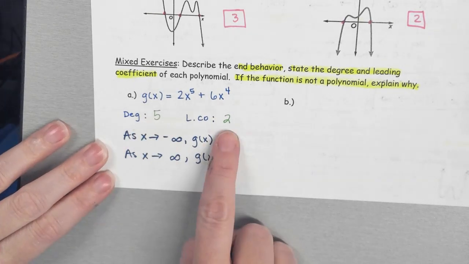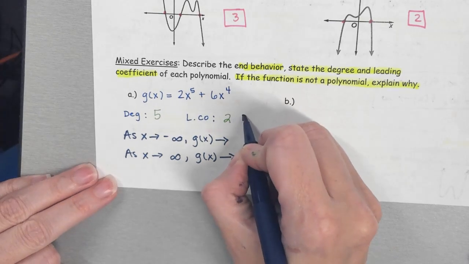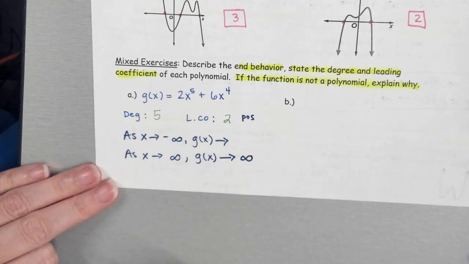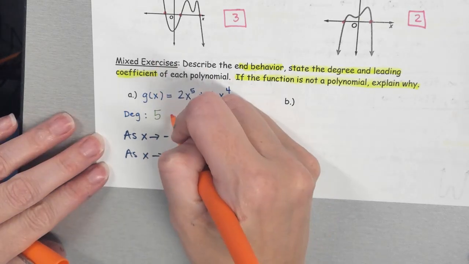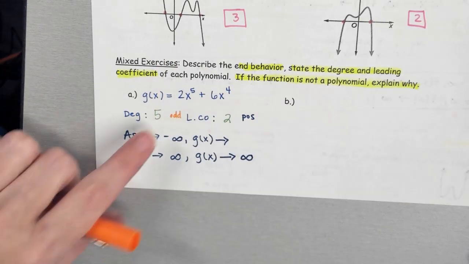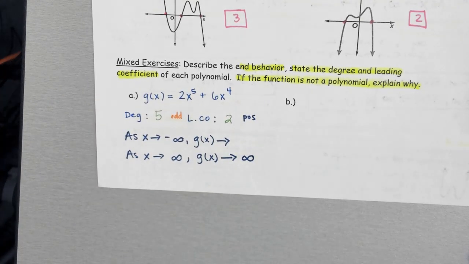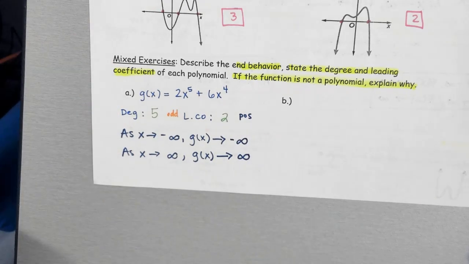The degree is odd, the leading coefficient is positive. So if the leading coefficient is positive, that means that you're going to go up on the right side. So this should be positive infinity. And then the degree here is odd. Okay, if it's odd, what does that tell us about these two values? They're going to be opposite. So if I go to positive infinity on the right, I'm going to go to negative infinity on the left.